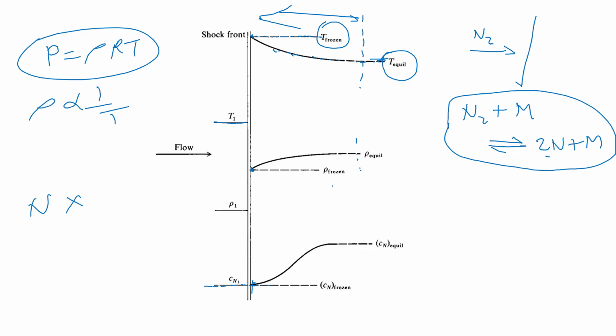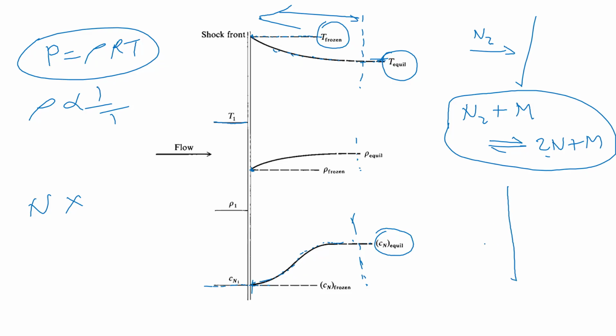Now, due to the chemical reaction, the nitrogen concentration is increasing. Due to dissociation, the nitrogen concentration is increasing, and it will increase till it attains the equilibrium. At equilibrium, this concentration will become constant. This I mentioned for atomic nitrogen only.